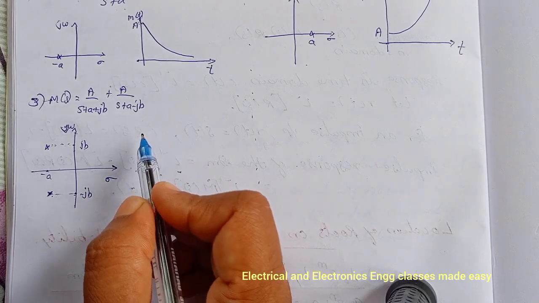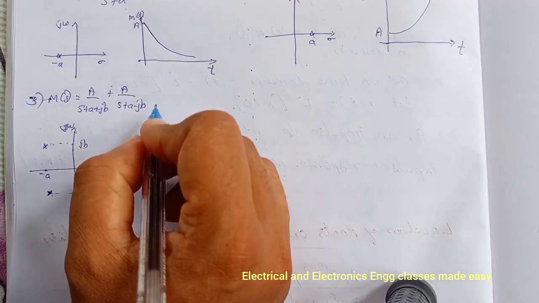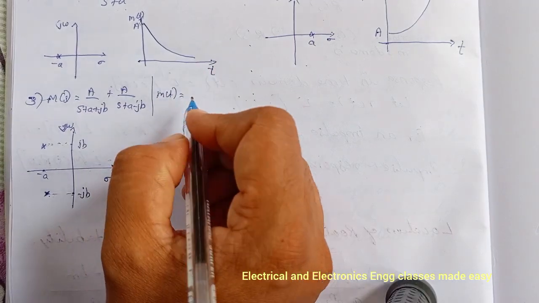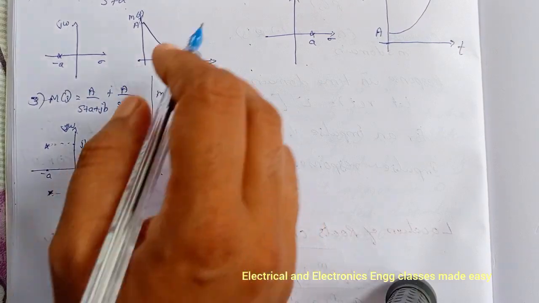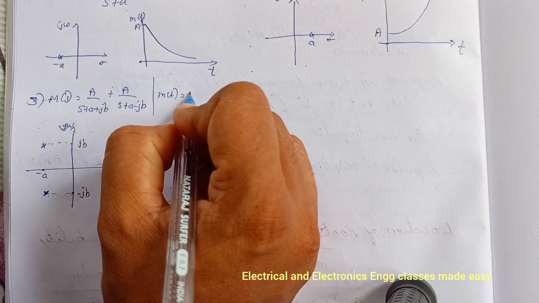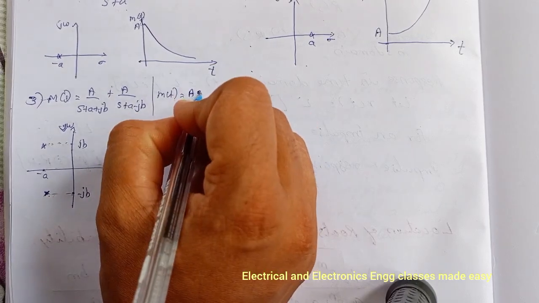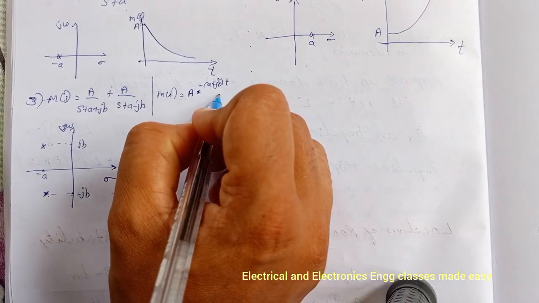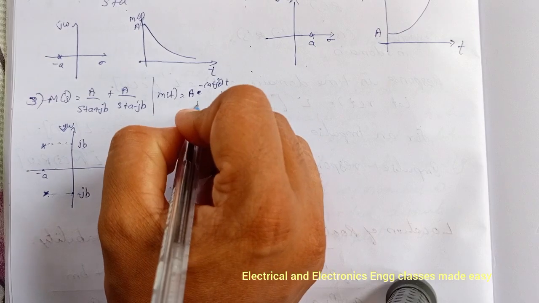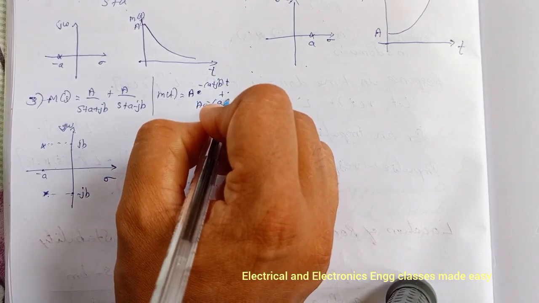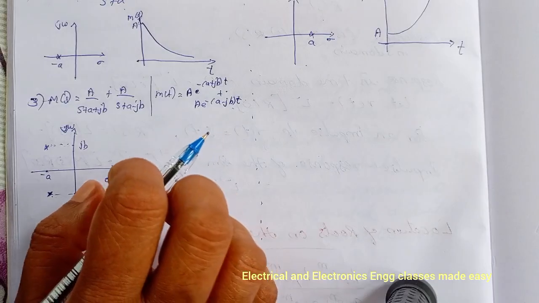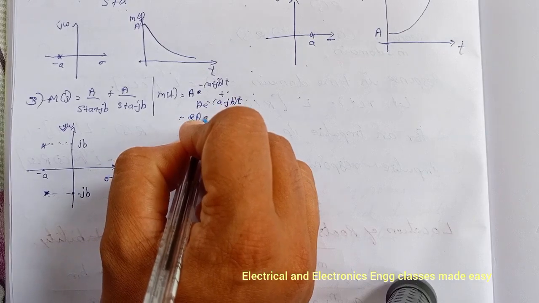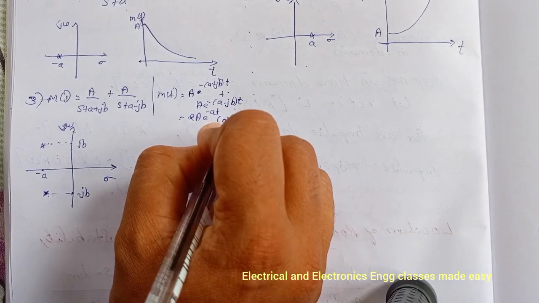And its response. So the response m of t is equal to L inverse of this one, and we get a e raised to minus a plus jb into t, plus a e raised to minus a minus jb into t. Or we can write it as 2a e raised to minus at cos bt.